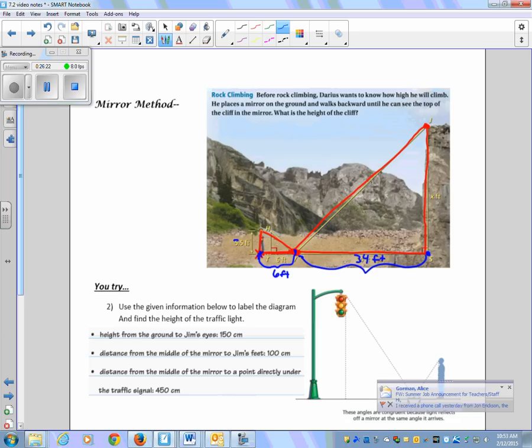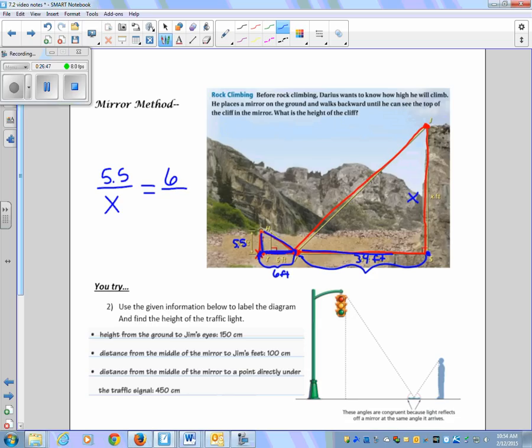Then if you know your height, this person's height is 5.5 feet, you could find the height of the cliff using these similar triangles. So we're going to do the height of me is to the height of the cliff as this distance from me is to this distance from the cliff.